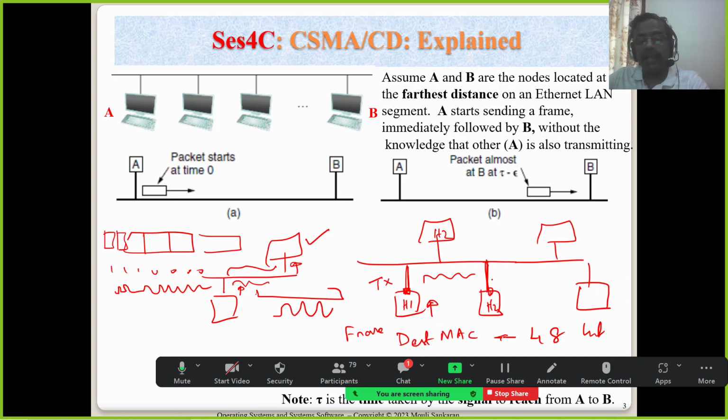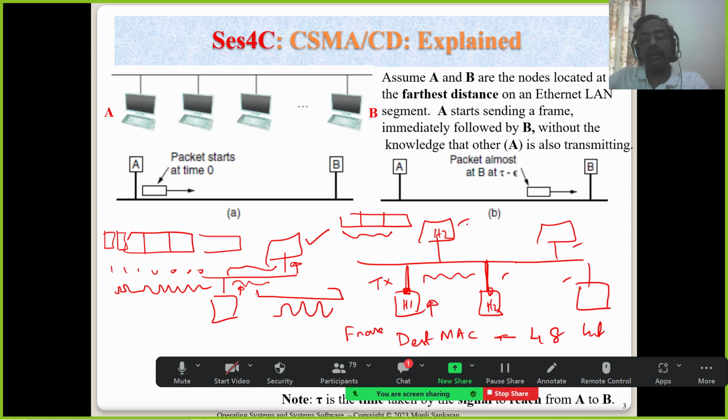While this transmission is happening, all the connected hosts will be reading and sampling it. They all know the format of Ethernet, which is why I'm asking you to memorize it, because the Ethernet header is fixed.